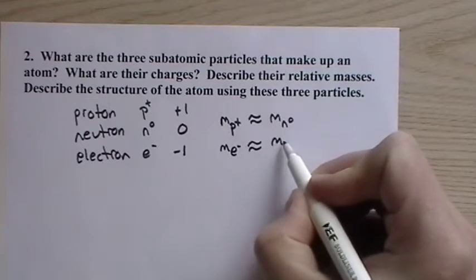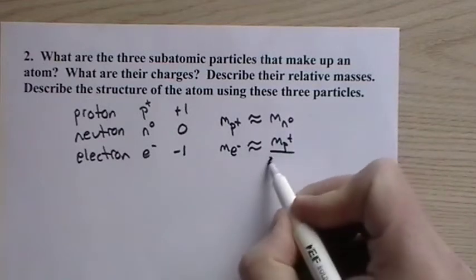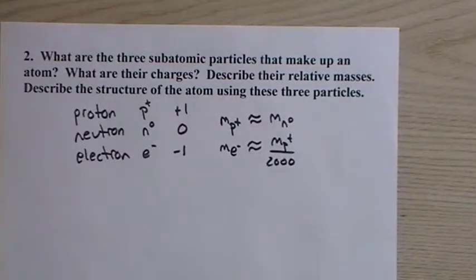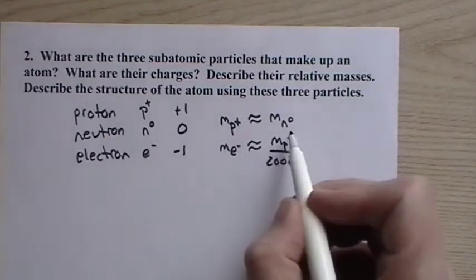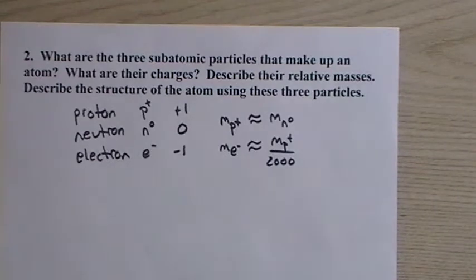approximately equal to the mass of a proton divided by 2,000. Or an electron is 1/2000th the mass of a proton and mass of a neutron. So again, we know what their exact masses are, out to like 5 or 6 decimal places, but this is fine. You just need to know that the proton and neutron are very heavy compared to the electron.